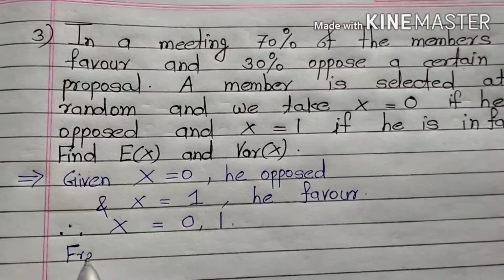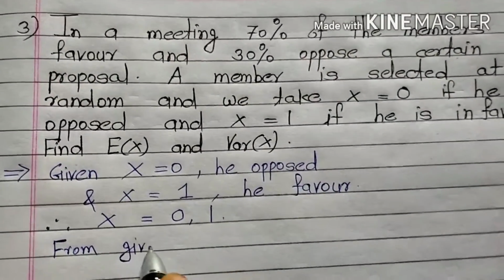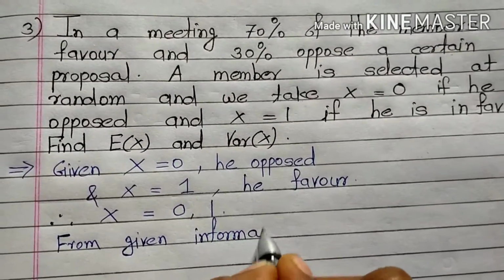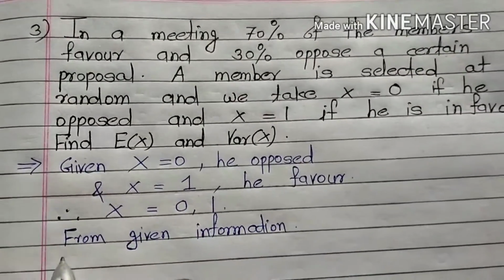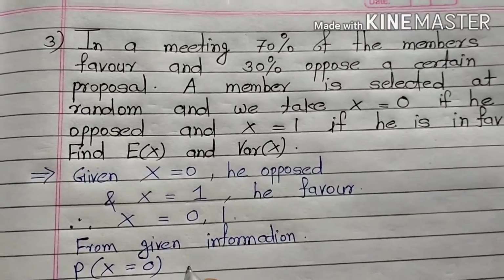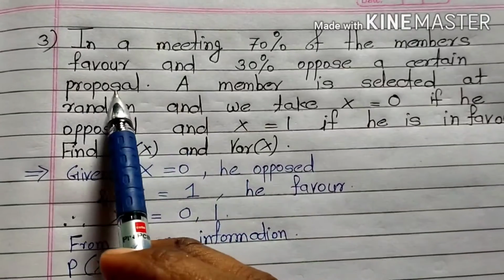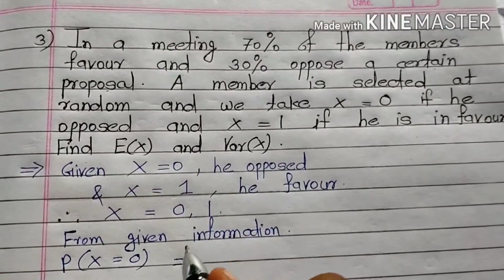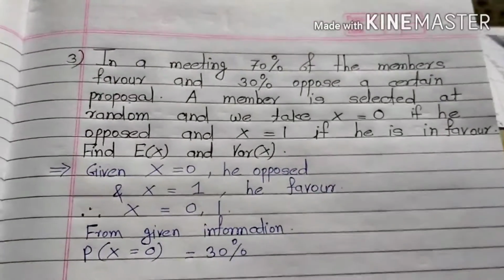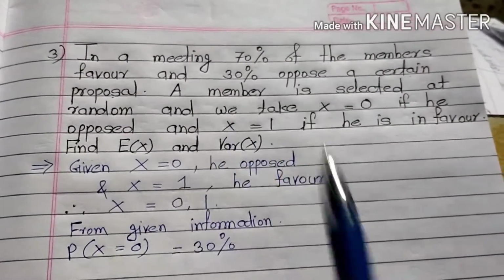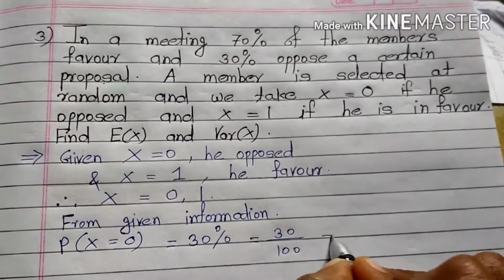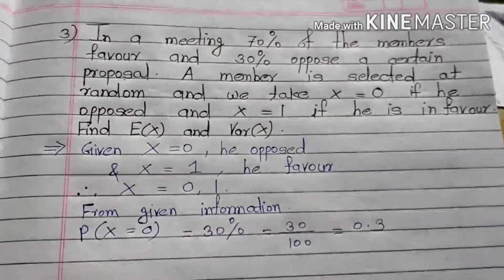So from the given information, P(x = 0), which is 70%, sorry, which is 30%, because here oppose is 30%. So it is 30 upon 100, which is equal to 0.3.